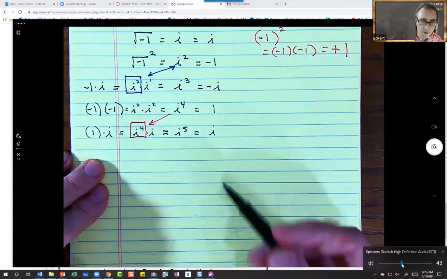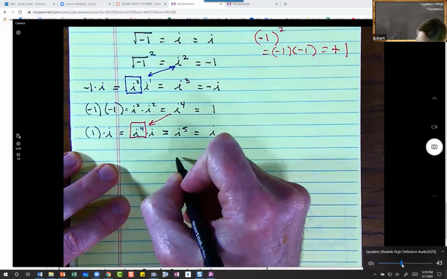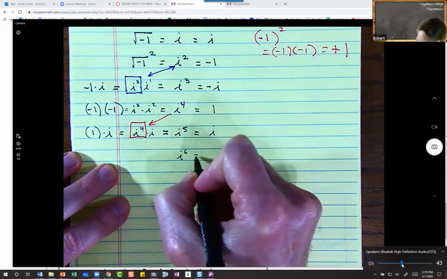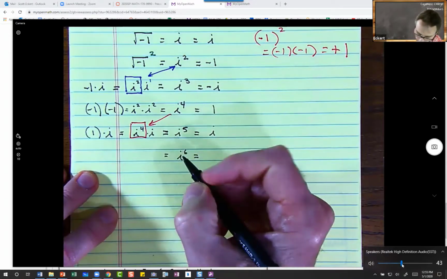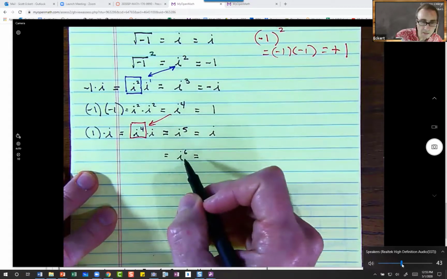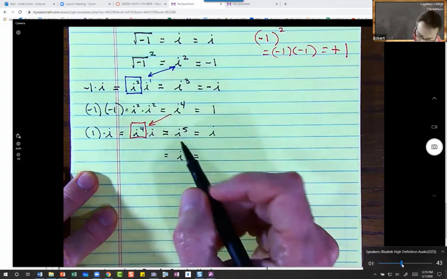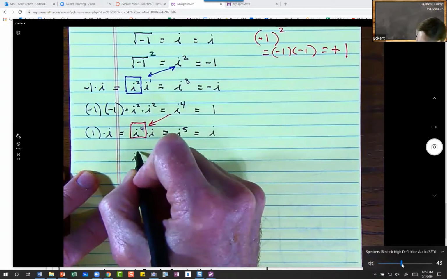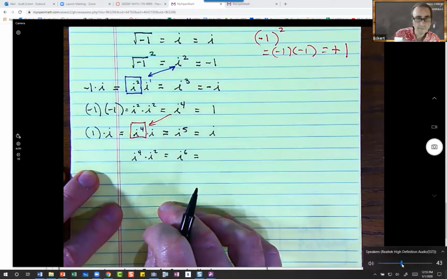These powers of i have a very interesting pattern happening here. Let's do i to the 6th power. I don't know what i to the 6th power is, but I know the ones before, so I can break it up into i to the 4th power times i squared.